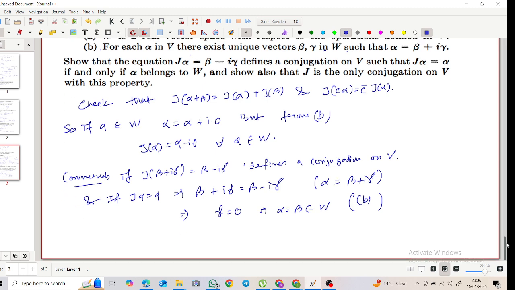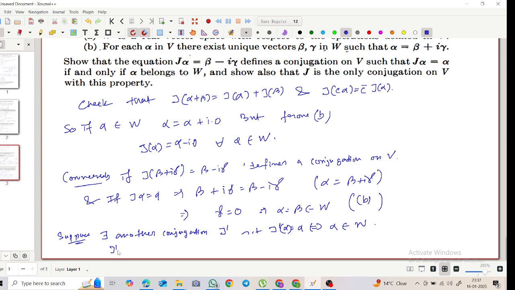Now, for the uniqueness. So suppose there exists another conjugation J prime such that J prime alpha equals alpha if and only if alpha belongs to W. So then what do you have?